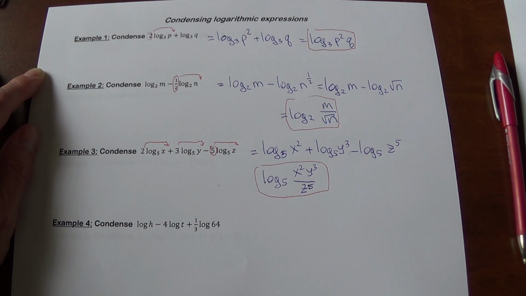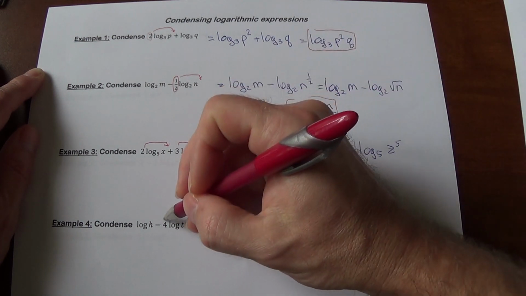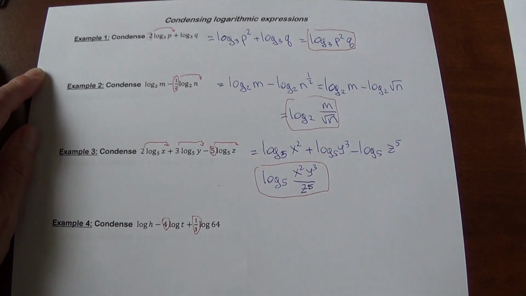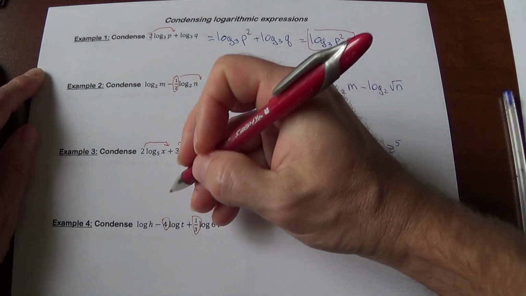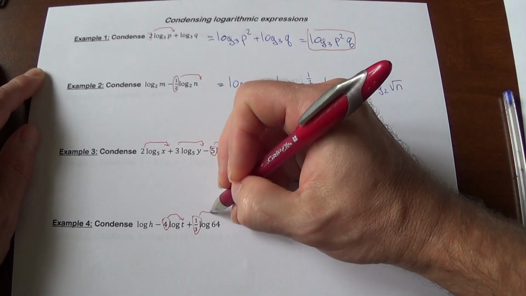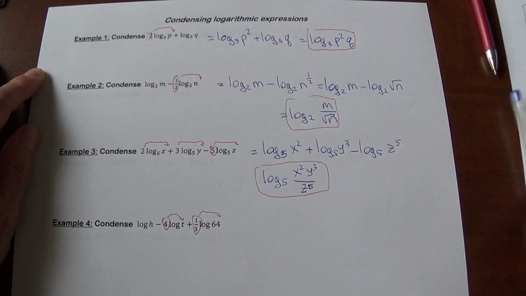So, next problem. We have log. I want to remind you, this would be base 10 if you don't see a base explicitly written. We do have these 2 numbers that need to be brought inside as exponents.